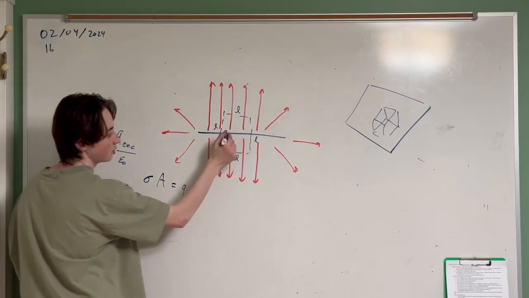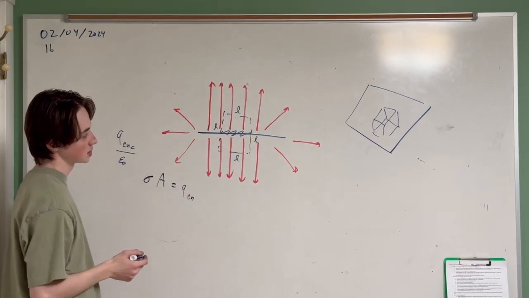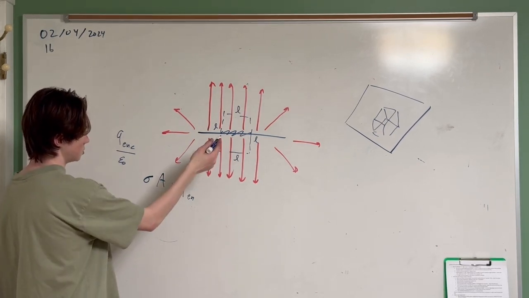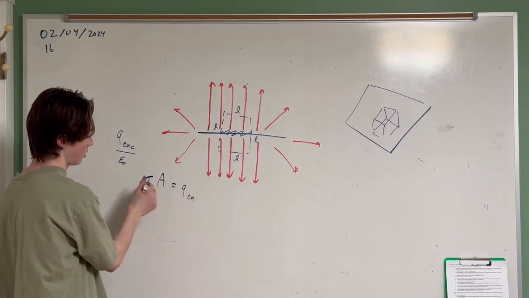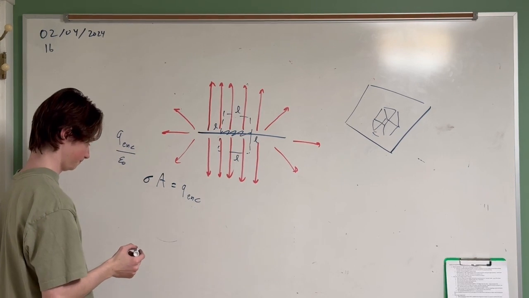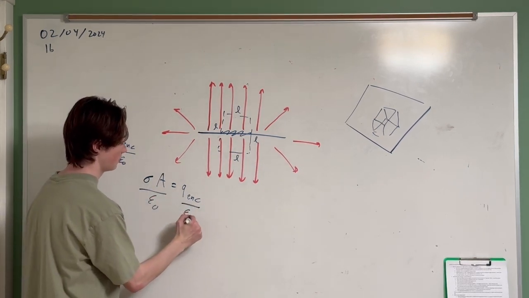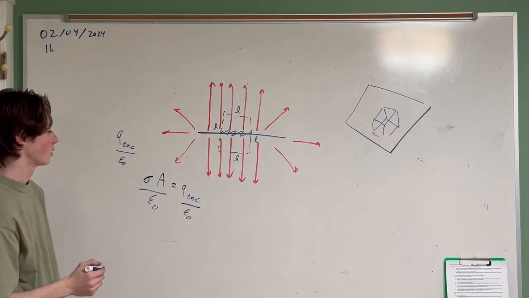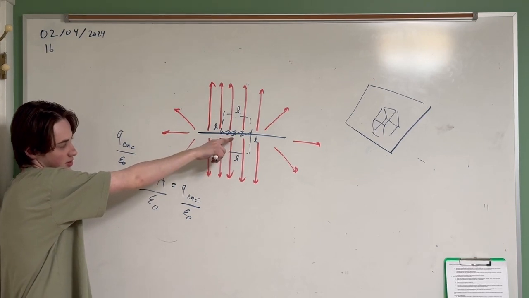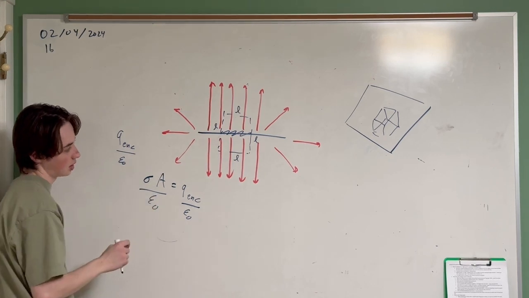So if we call this area here, the amount of charge that this Gaussian cube encloses is equal to the area times the charge distribution, Q enclosed, and then we divide all this by the permittivity of free space. So our flux value for this Gaussian cube is equal to this.